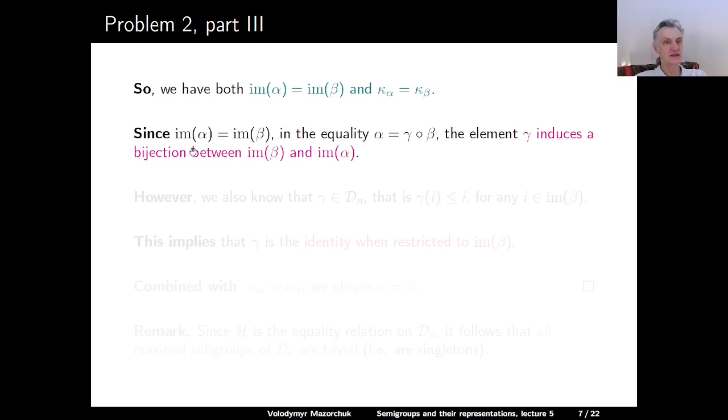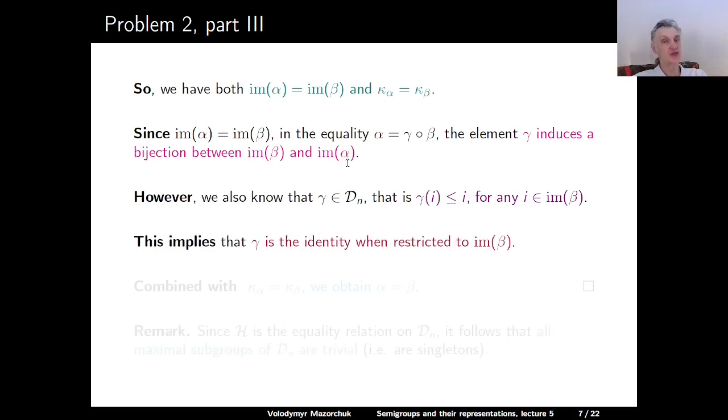Now, since the image of alpha is equal to the image of beta, in the equality alpha equals gamma after beta, the element gamma induces a bijection between the image of beta and the image of alpha. Moreover, since each element in Dn is order decreasing, we get that this bijection should be the identity.